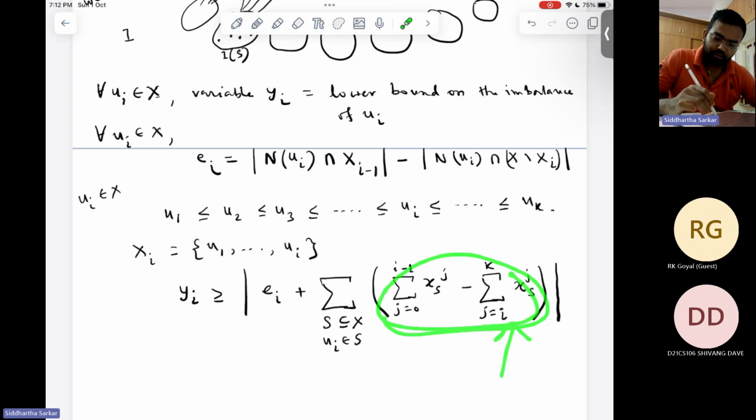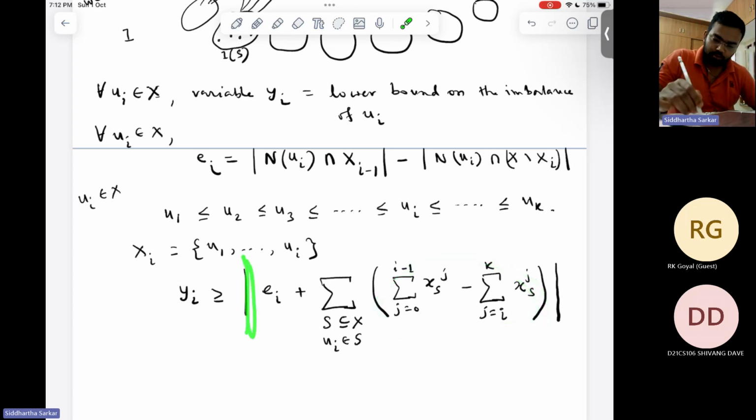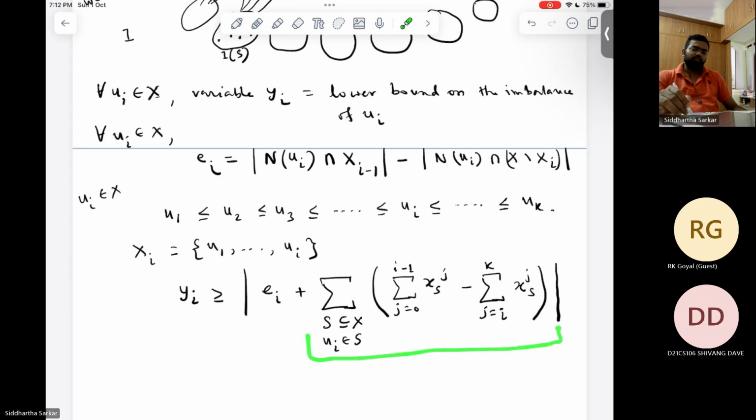By definition of imbalance, the overall imbalance is the difference of them, and then we are taking the absolute value. So if you understand the definition of these variables, then if you stare at it long enough, you will be able to understand that this term on the right hand side is nothing but the imbalance that is coming to Ui, a vertex in X, due to the vertices in I.